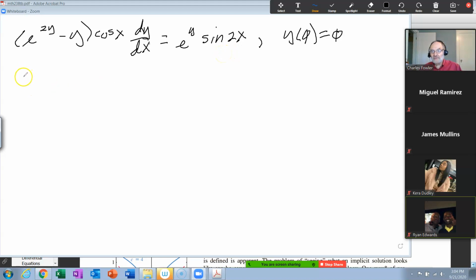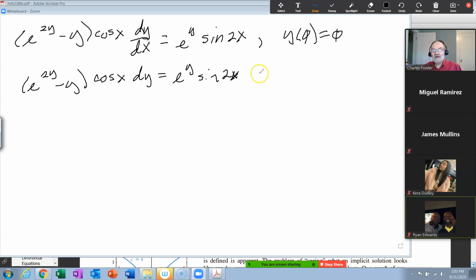So the first thing I'm going to do is write this as e to the 2y minus y cosine x dy, writing this in differential form, is equal to e to the y sine of 2x, sorry, don't make that mistake, dx.